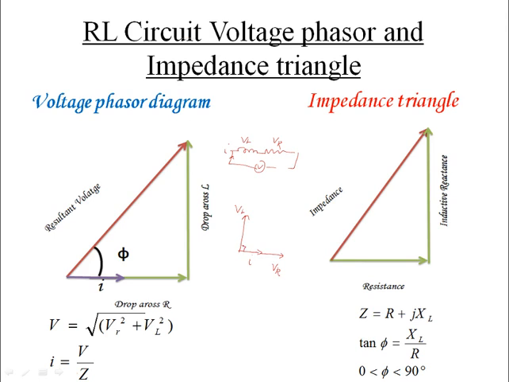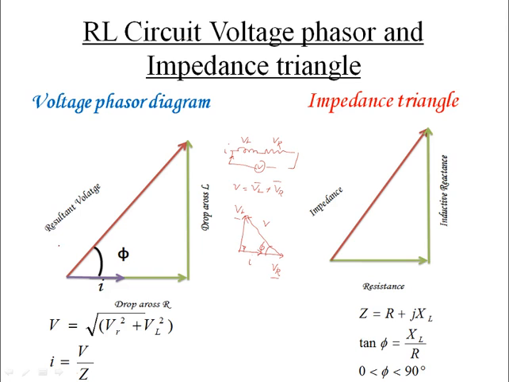That is why I could write VL is leading. Now I have VL as well as VR. Also we know that the supply voltage is equal to the inductor voltage phasor plus the resistive voltage phasor. So that will be your supply voltage. This is your effective voltage V, and this will be the phase angle phi.